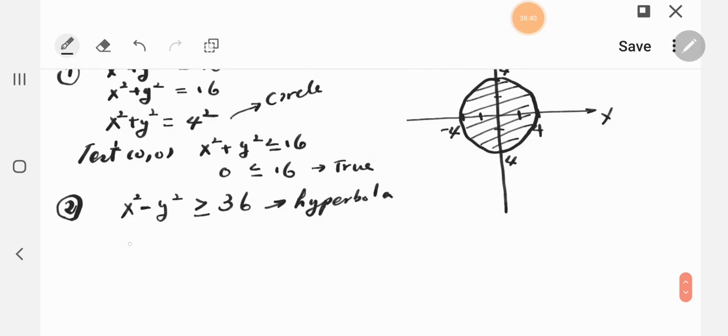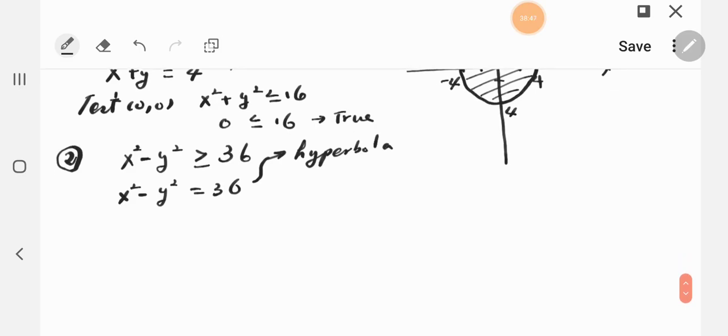So actually the equation will be a hyperbola. Then divide each side by 36, so this will be x squared over 6 squared minus y squared over 6 squared is equal to 1. Hyperbola.